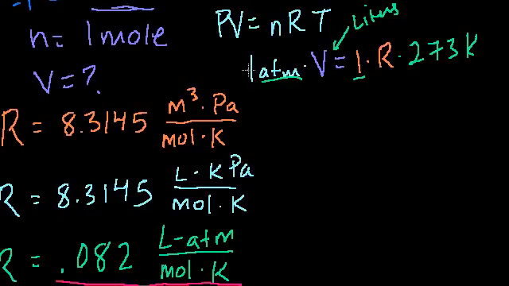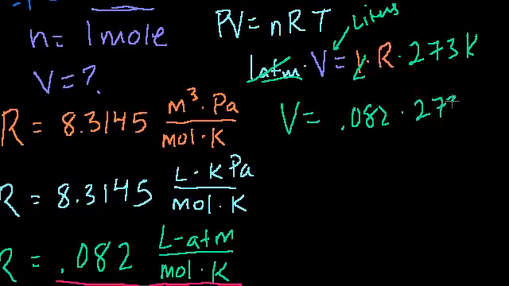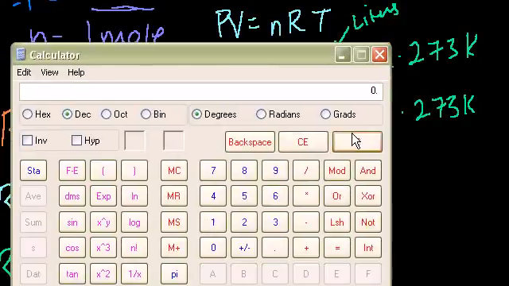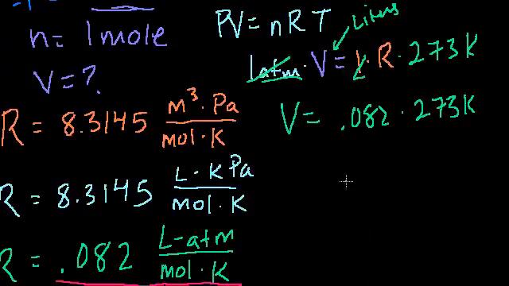So the 1 we can ignore there. The volume is equal to 0.082 times 273 degrees Kelvin, and 0.082 times 273 is equal to 22.4 liters.